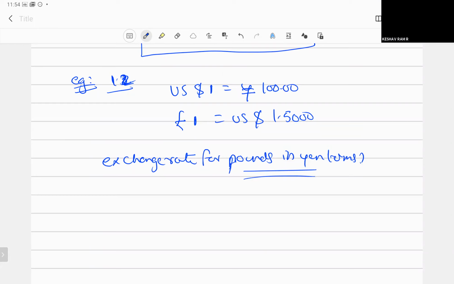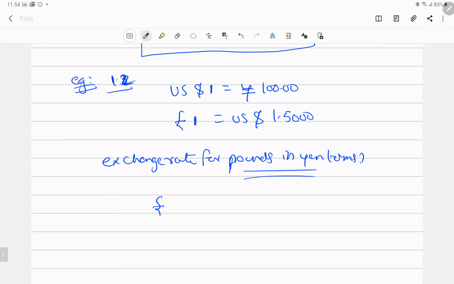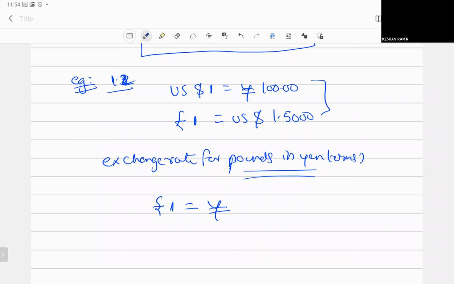Yes, sir. You can directly multiply. 1 pound equal to yen: 100 into 1.5000. Student: Dollars is 1.5 or 1,500, sir? 1.5000.